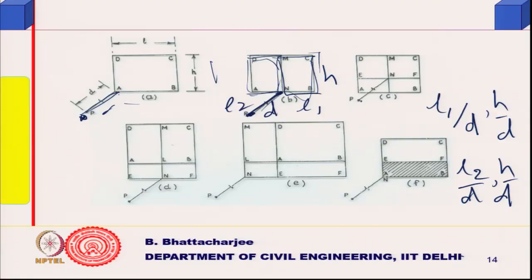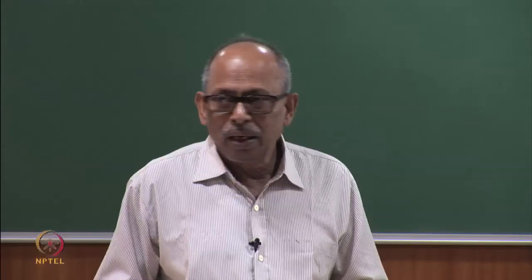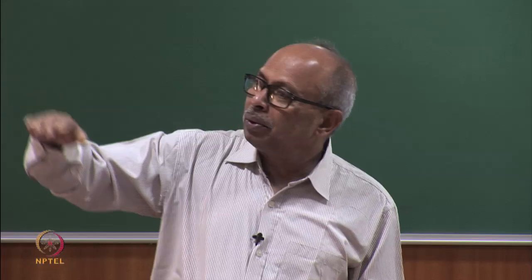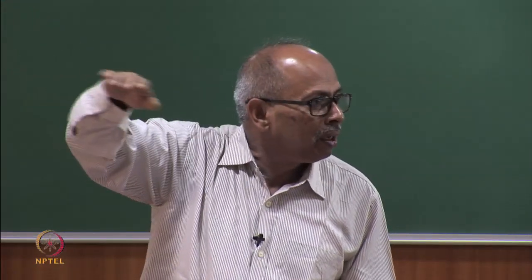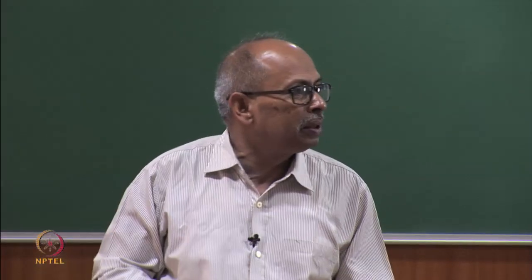If your point is somewhere here and the window is ABCD, in all these diagrams the window is ABCD, then this part will not contribute anything to the sky component. Why? Because your work plane is above, so light only comes from the top; the ground below does not contribute.